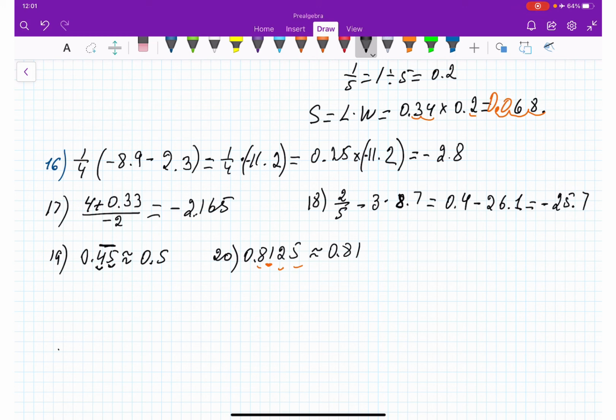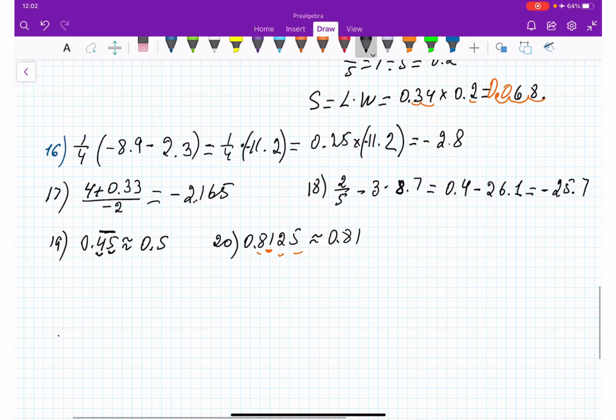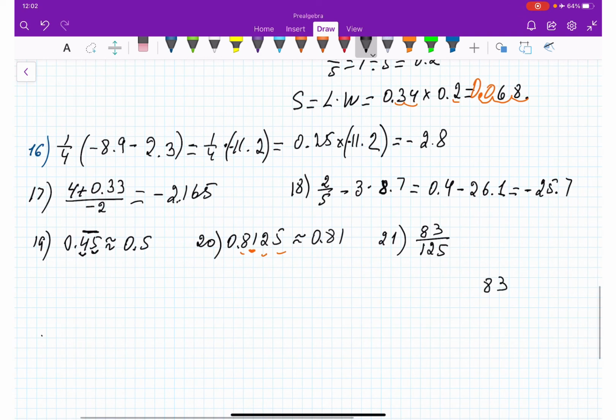21. Write the fraction as a decimal. We have 83 over 125. So 83 divided by 125 is 0, putting decimal points here. So 0, then 83, adding 0 here, 830 divided by 125.